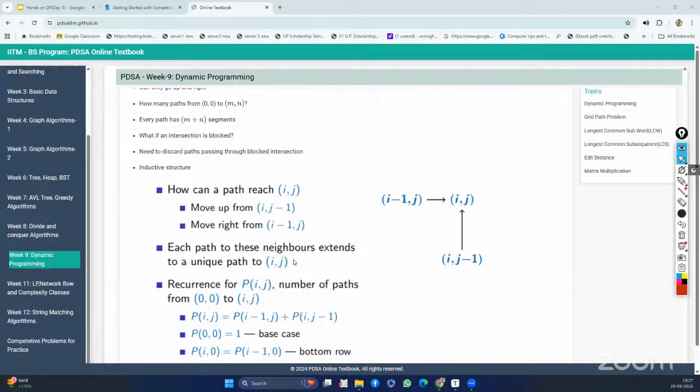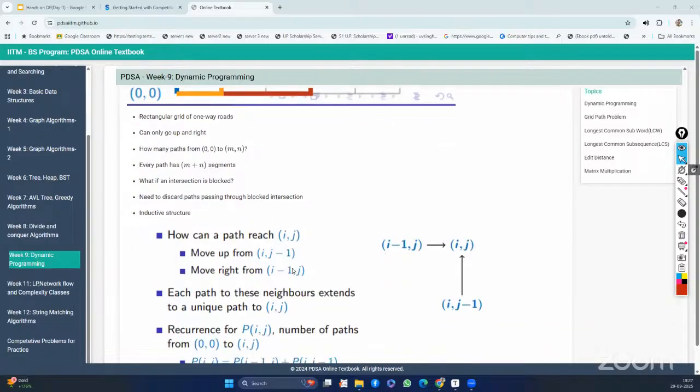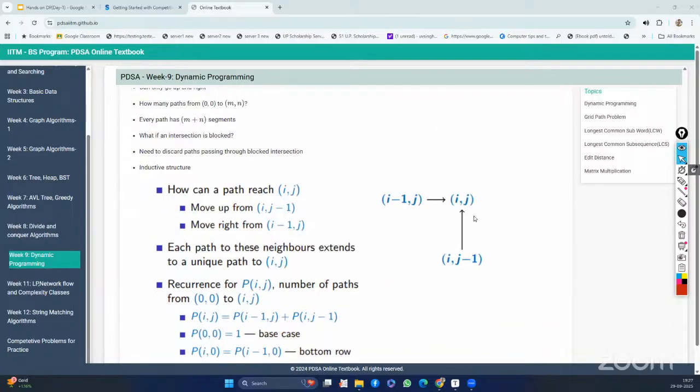For each next point, we can solve this either horizontally or vertically. So this is the inductive structure for this. For each point, we will use this, and we have some initial setup. I'll explain on the grid itself, but this is the main inductive structure.